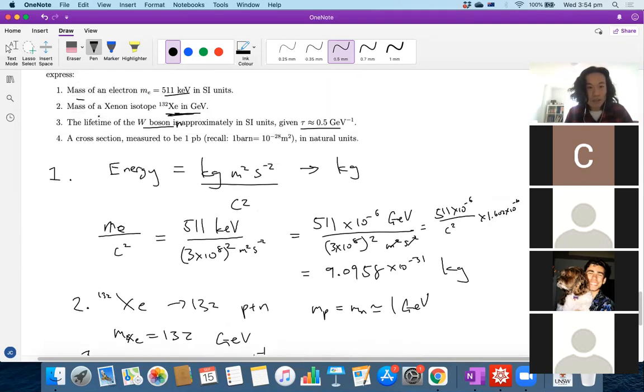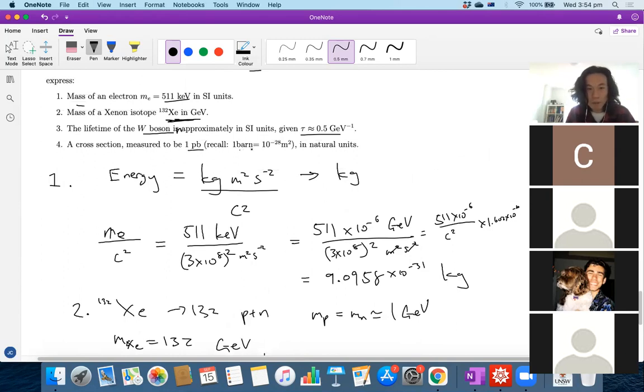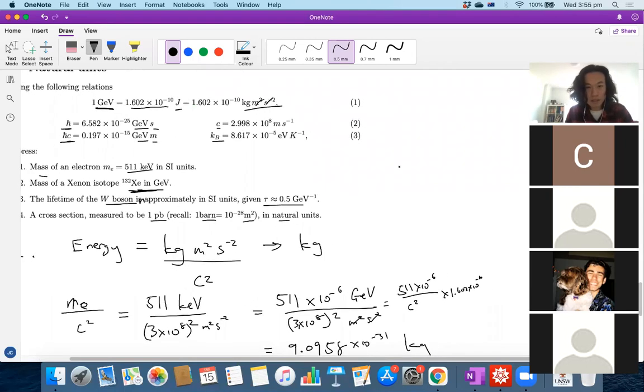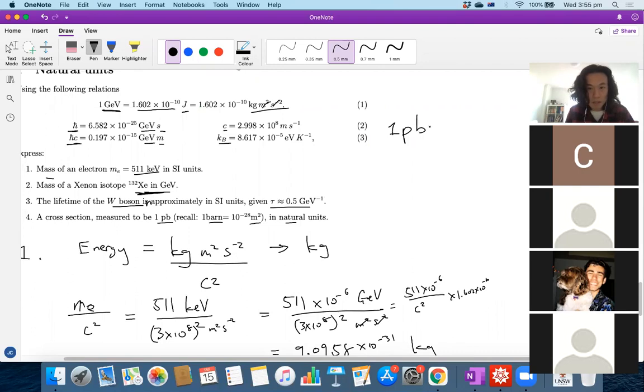Okay, and last one, a cross section measured in 1 picobarn, where 1 barn is 10 to the minus 28 meters squared, and I want it in natural units. Now we want to get rid of meters. Here H bar C gives me GeV meters, so I can use this to cancel out the meter squared and be left with GeV squared, which will give me the natural units. So 1 picobarn is equal to 1 times 10 to the minus 40 meters squared, because pico is times 10 to the minus 12 and 1 barn is times 10 to the minus 28.